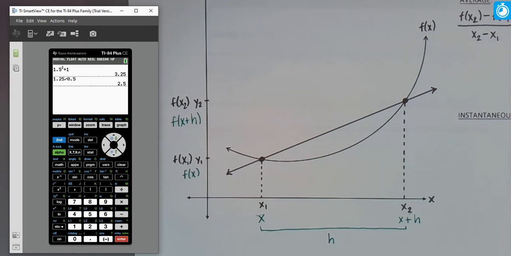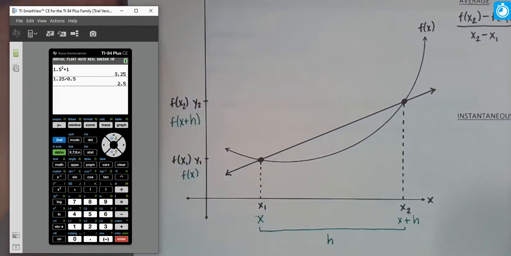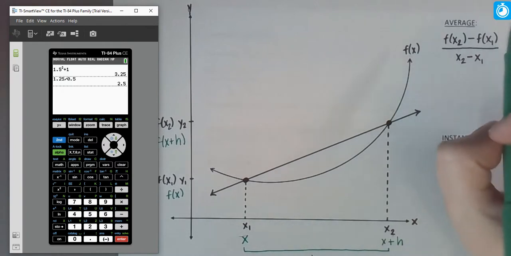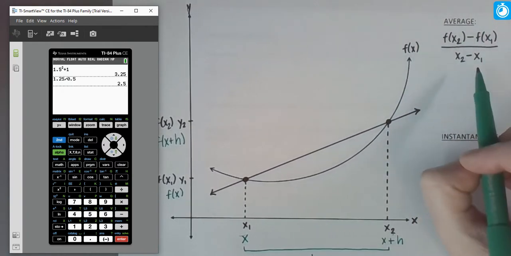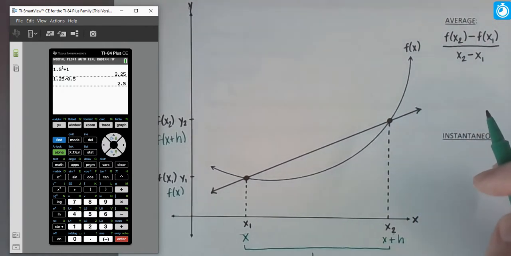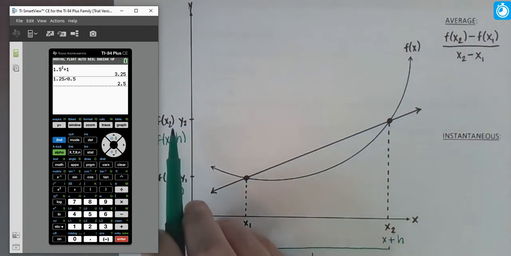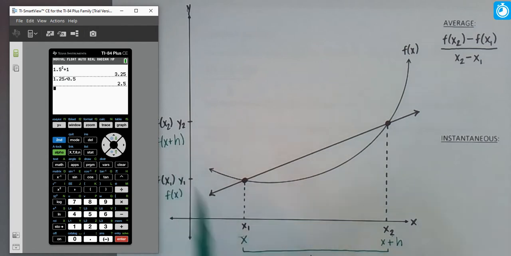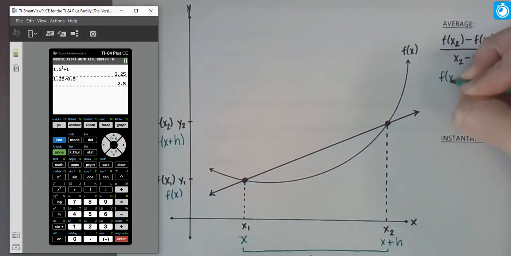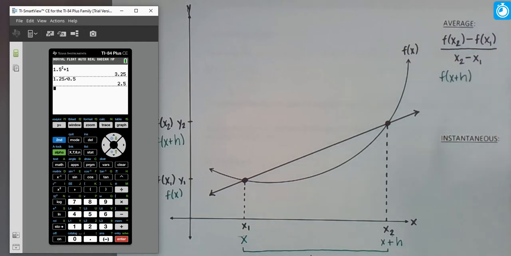But assume we went with that particular version of the labeling, what would our average rate of change look like? In other words, if we were to take the corresponding values in this average rate of change formula and replace them with this new notation, what would happen? Well, f of x2 has now become f of x plus h, f of that further out x value. So f of x plus h, and then f of x1 is now called f of x.